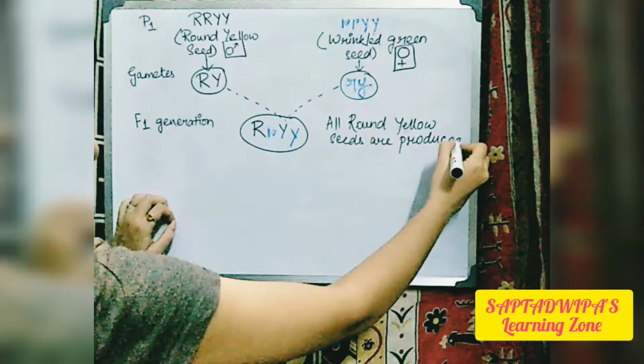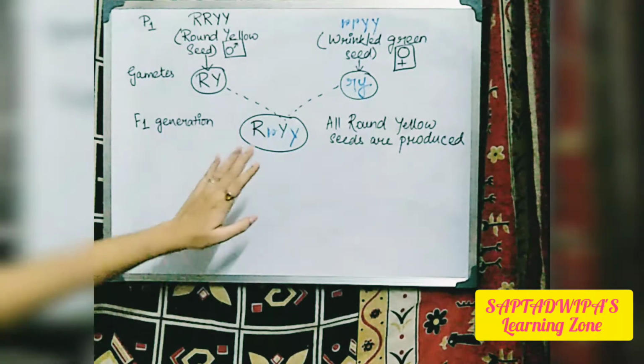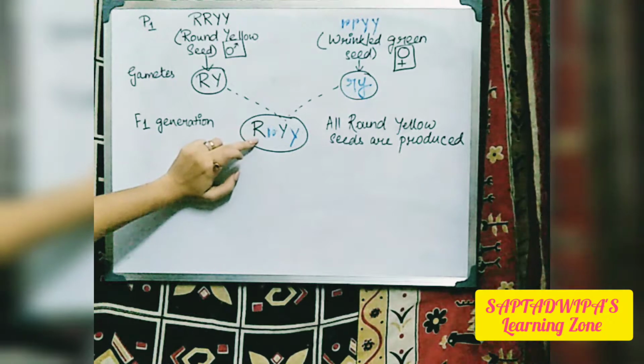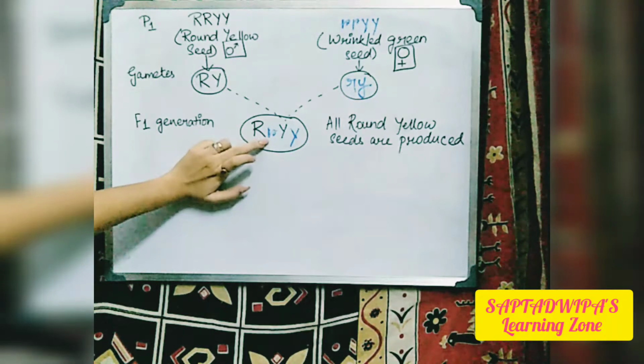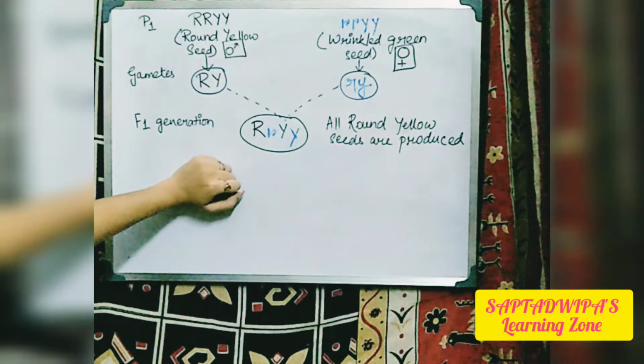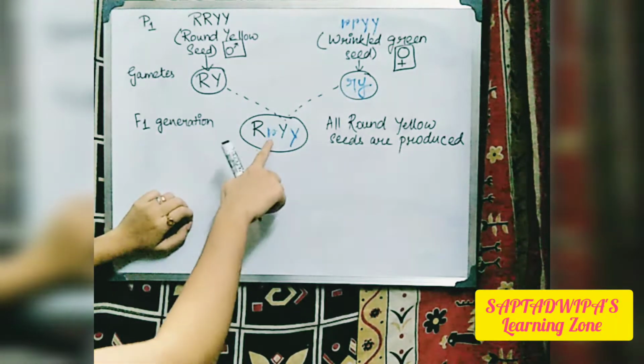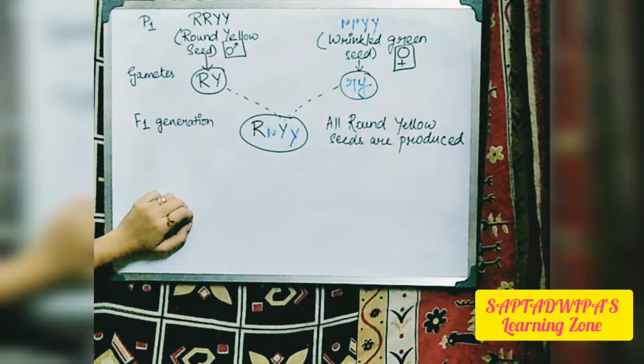Why are all round yellow seeds produced? Because you can see from the genotype that we are getting capital R, small r, capital Y and small y as the gametes after the first cross. We know that capital R and capital Y are the dominant ones and small r and small y are the recessive ones.